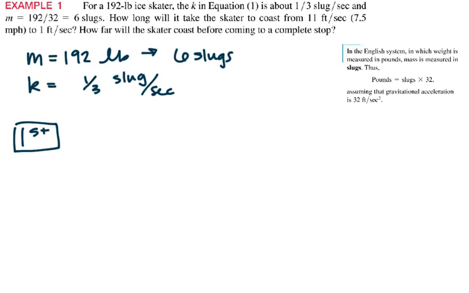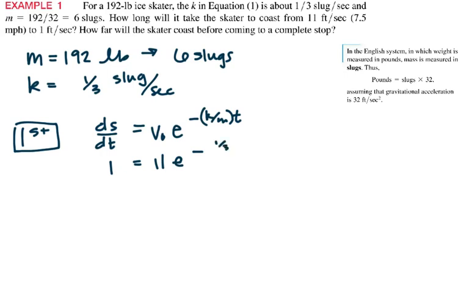We can say that velocity, ds/dt, it's the derivative of position, equals v sub 0 e to the negative k over m t. So we're looking for an end velocity of 1, and we have an initial velocity of 11. k is 1/3 divided by that 6 slugs for her mass.